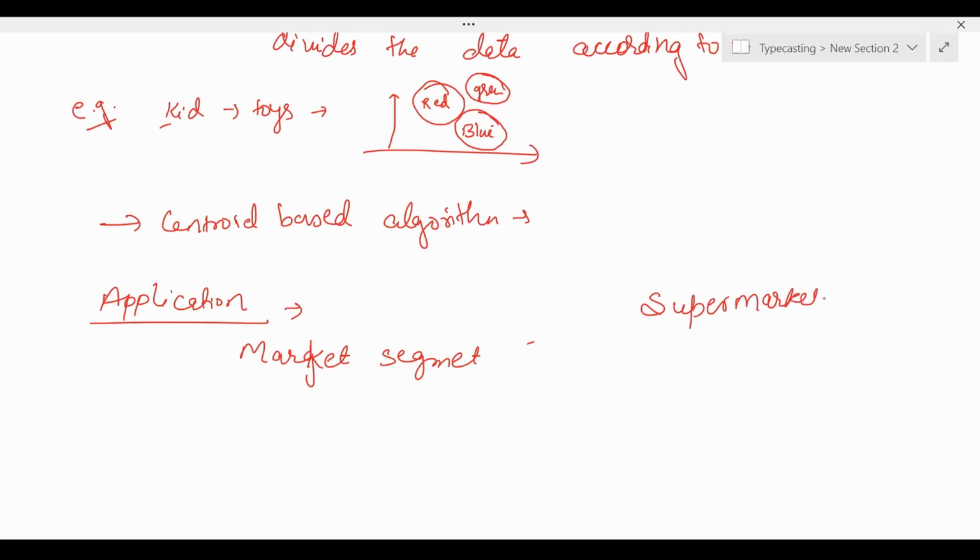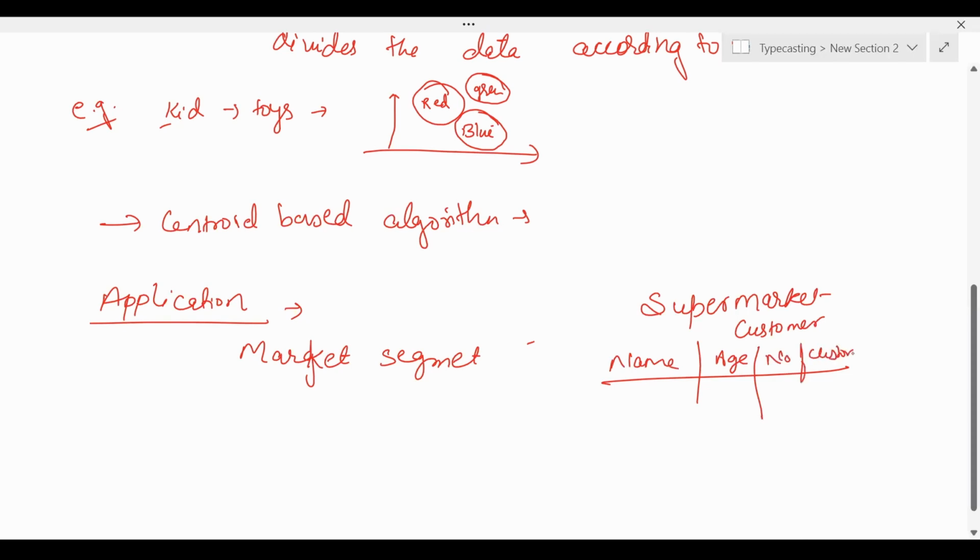It has a customer database. The name of the customer is there, the age of the customer, the number of children of that customer, what he's purchasing, the purchased items, how many times he visited the supermarket, like that.